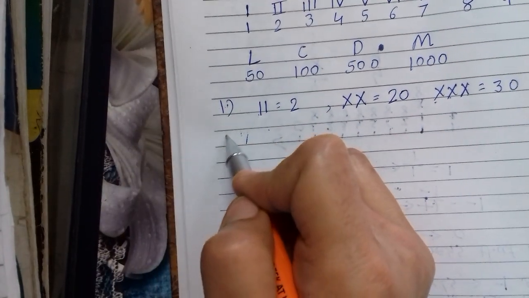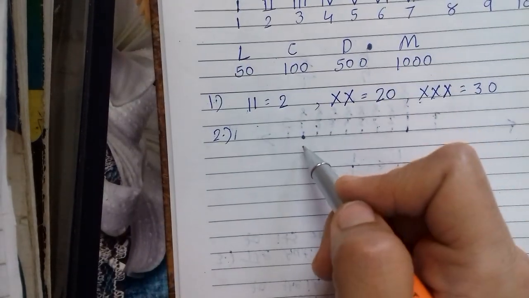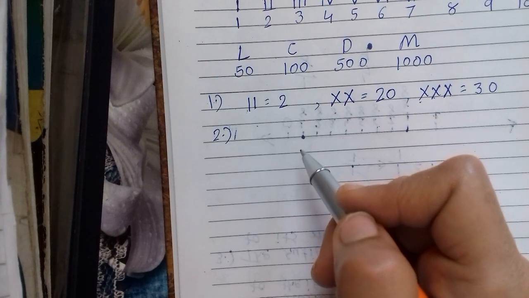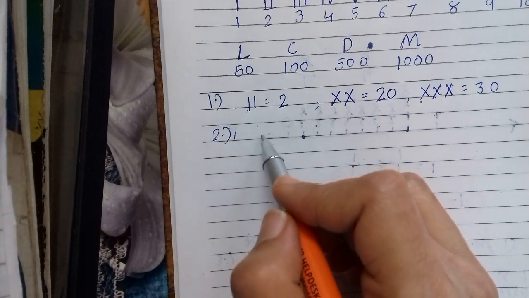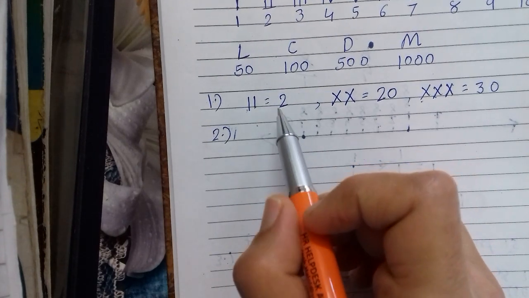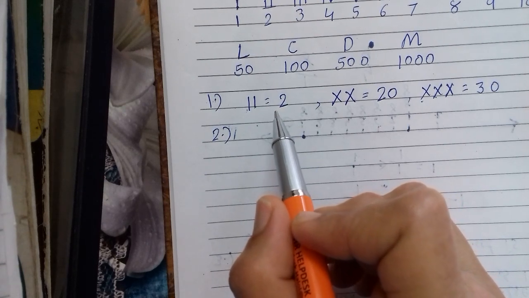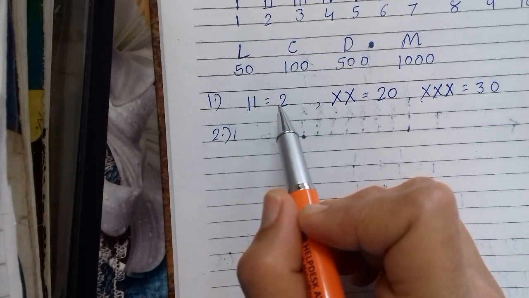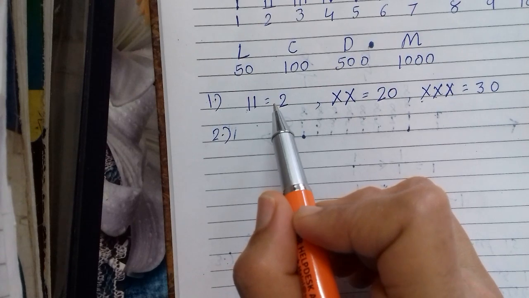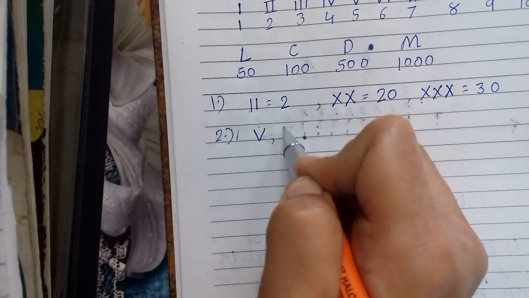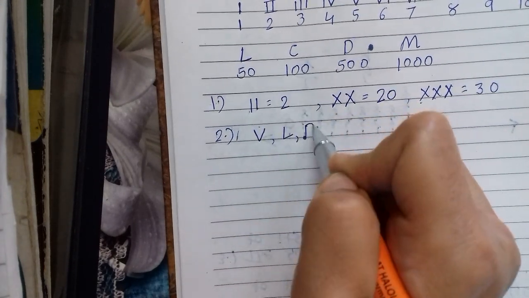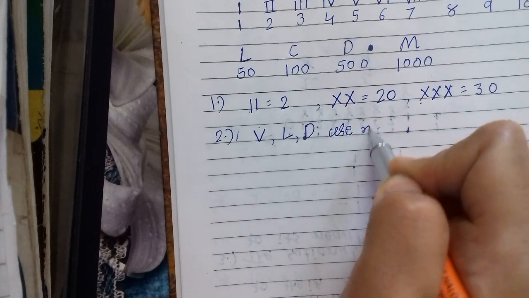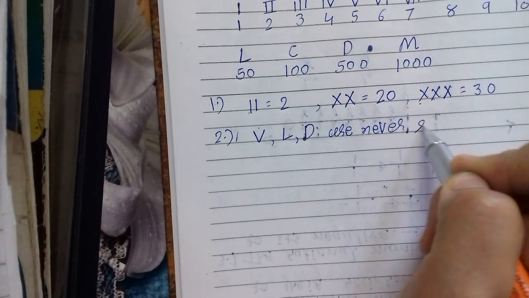Second rule, a symbol is not repeated more than 3 times, but the symbols of 5, that is V, L and D, are never repeated.